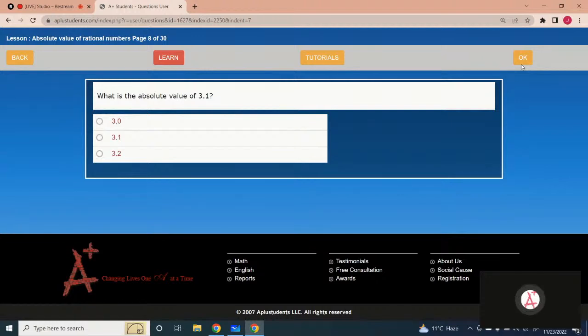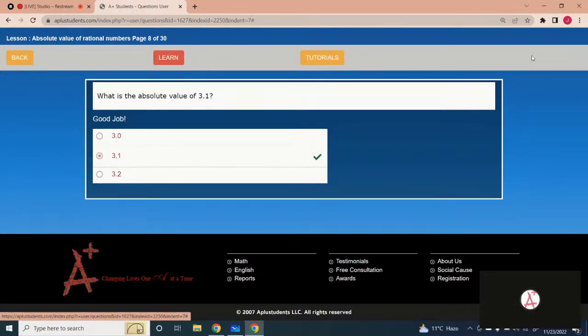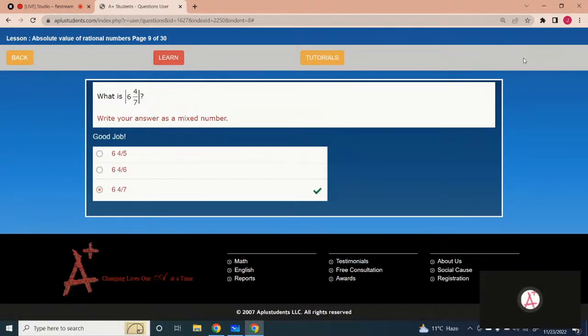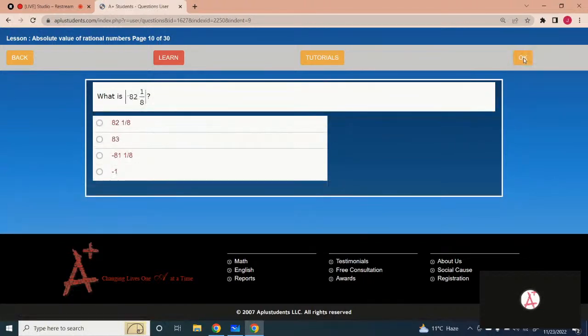So it would be 3.1. Okay, what is the absolute value of 6 whole 4 over 7? It would be the same number. Got it? Because it is already a positive number. So it would be 6 whole 4 over 7. Just select the correct option and click on the OK button.